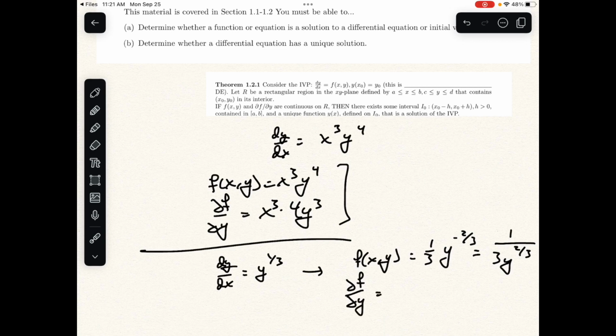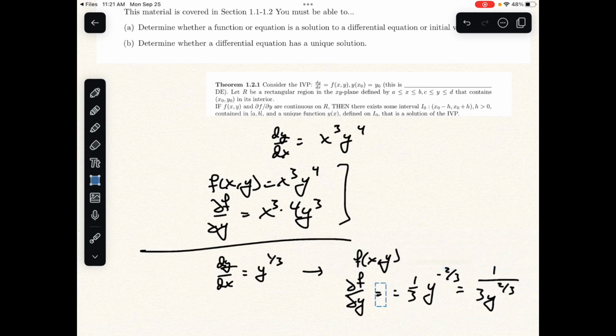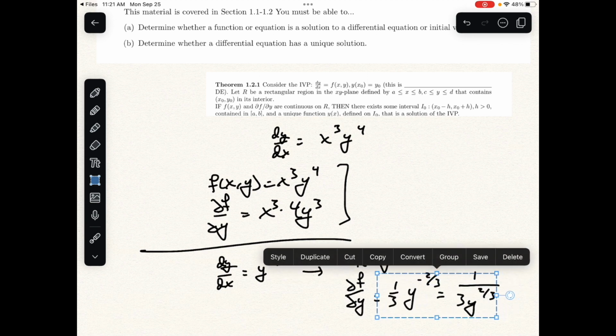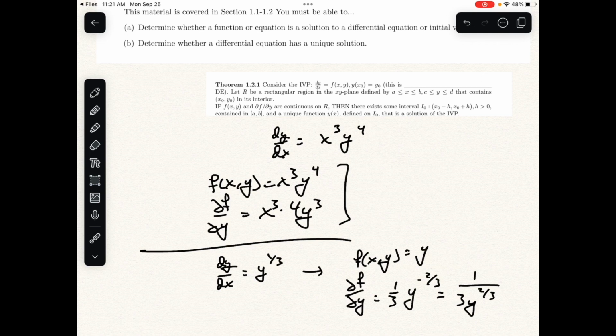Sorry, I'm tripping. Your f is always just whatever the expression on the right-hand side of the equation is, and then you take the derivative of that expression with respect to y. In this case, there are no x's. If there was an x here, it would just persist, treated as a constant. But here your f is y to the 1/3, and then del f del y is 1/3 y to the negative 2/3, which is 1 over 3 y to the 2/3.